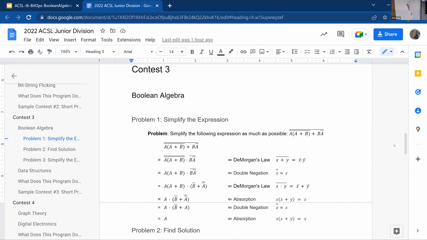We use those laws. This is De Morgan's law, the particular one that I'm using here, so this helps us break up the top-level not operator. This whole thing is basically this part or this part, and then negated.